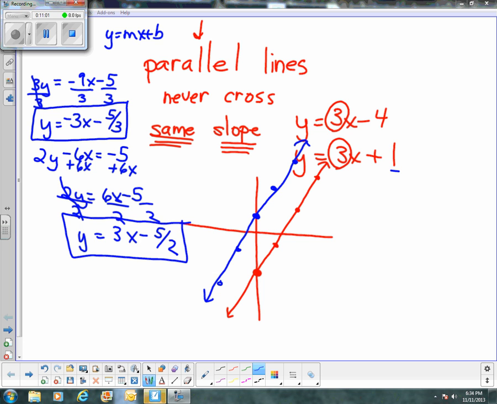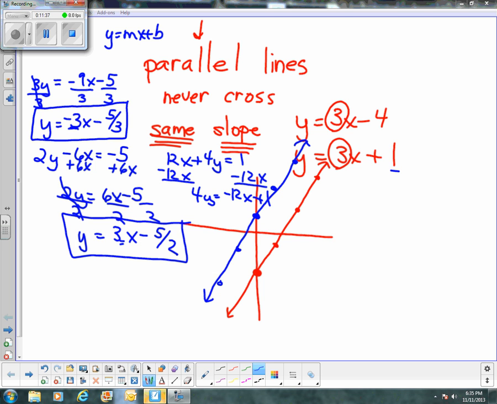This line has negative 3 as the slope. This one has 3. Negative 3 and 3 are not the same slope. So those two lines are not parallel. Next, 12x plus 4y equals 1. I'm going to subtract 12x from both sides. 4y equals negative 12x plus 1.